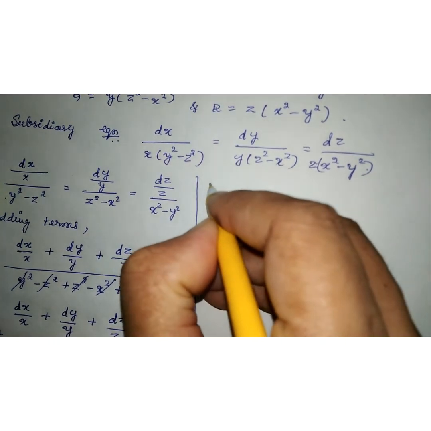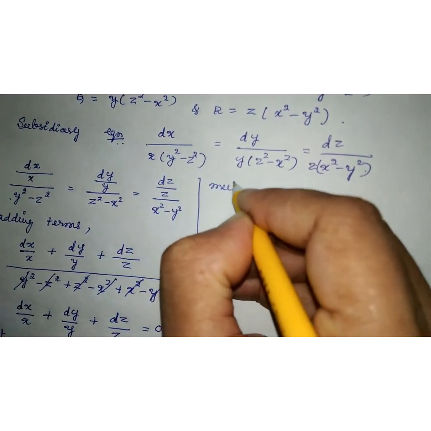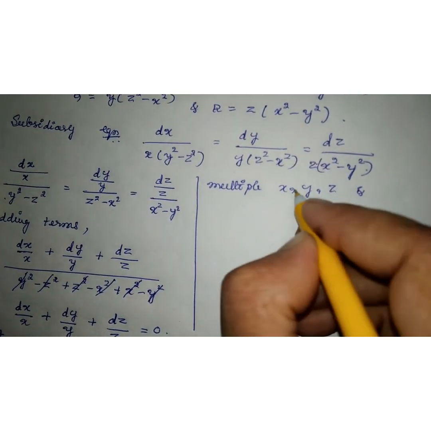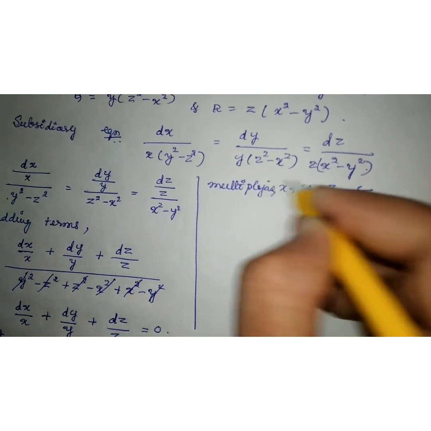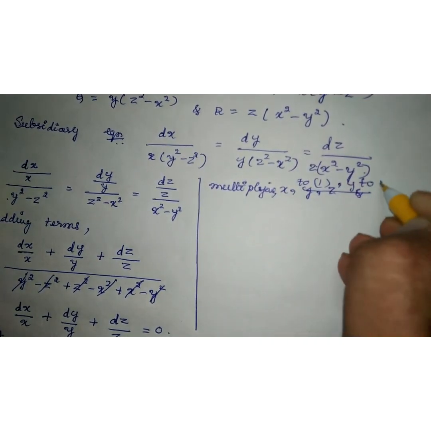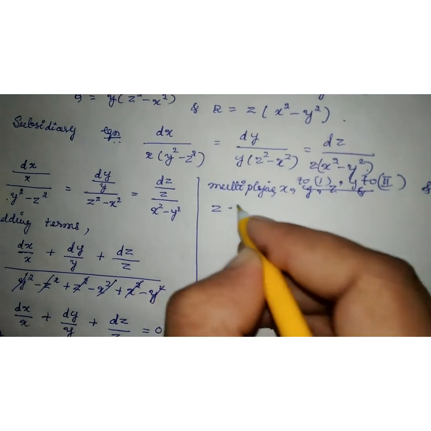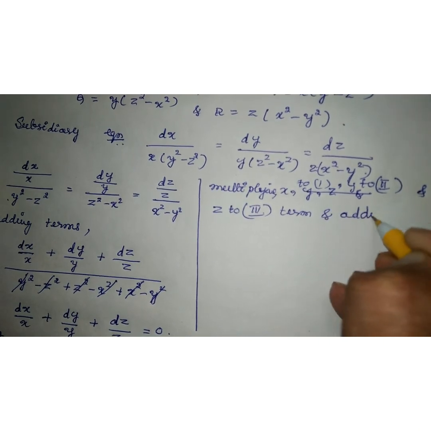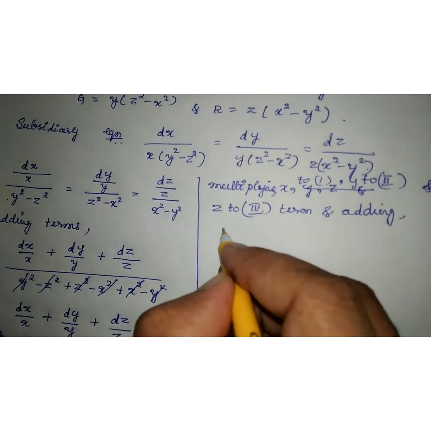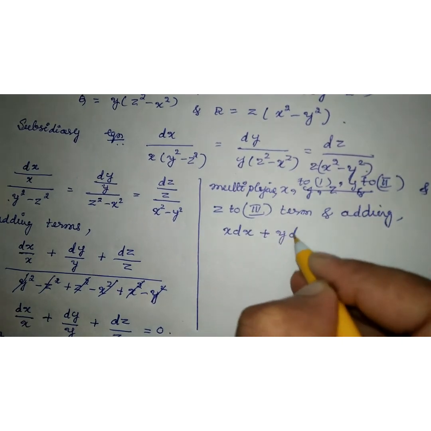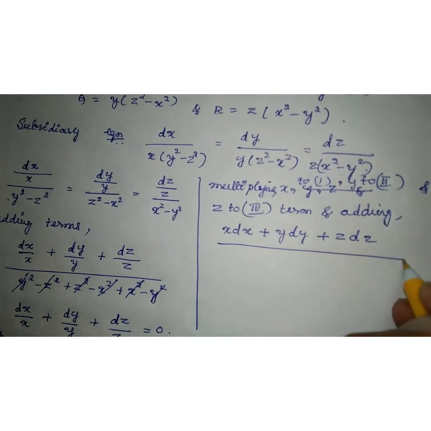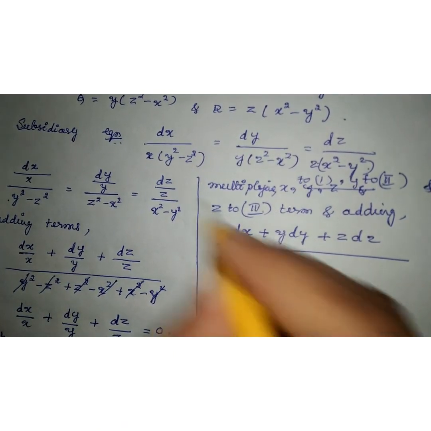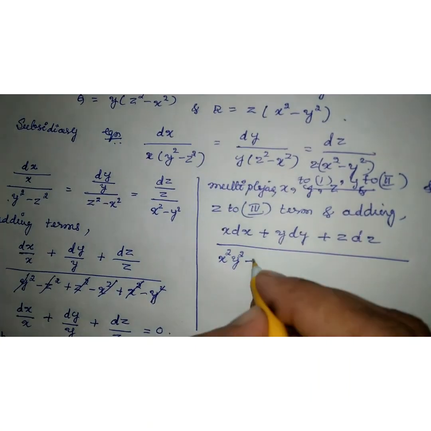So what I do is multiply x, y, z to the first, second and third terms respectively, and adding, you get x dx plus y dy plus z dz divided by, multiplying x, x square into y square minus x square into z square.